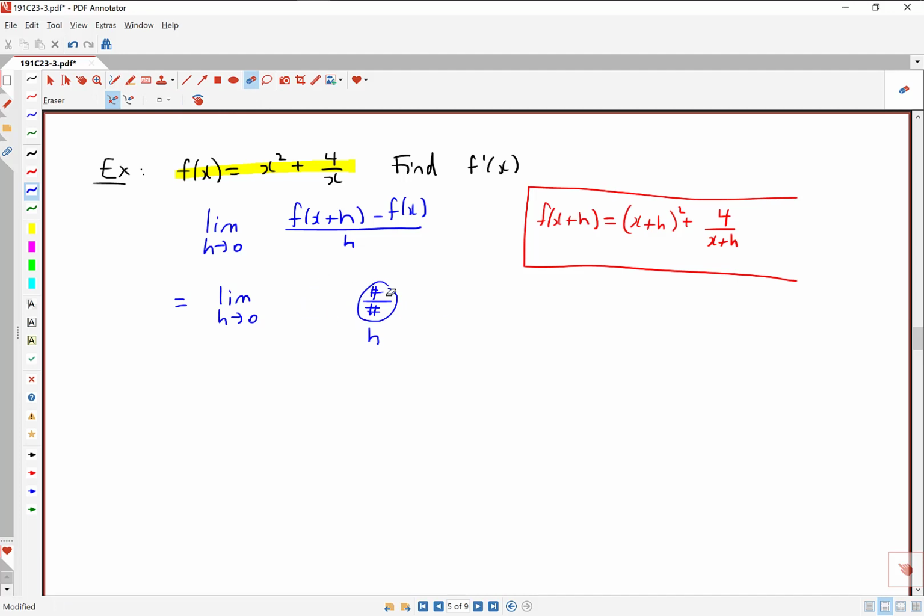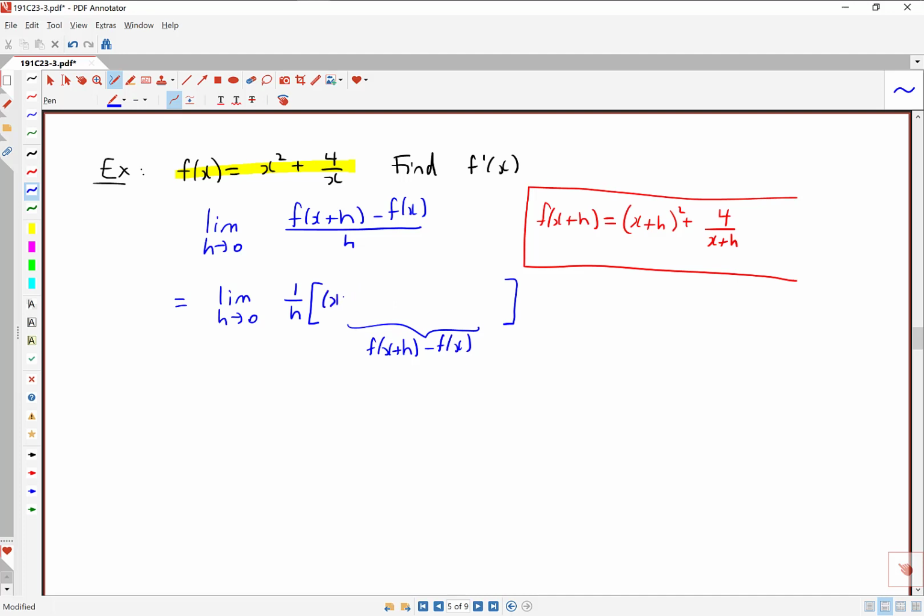So in order to make life easy, usually what we do in this kind of situation is we'll write a big 1 over h out in front, give ourselves square brackets, and that way what's going to go inside the brackets is just our f of x plus h minus f of x. That way we avoid doing this double division thing.